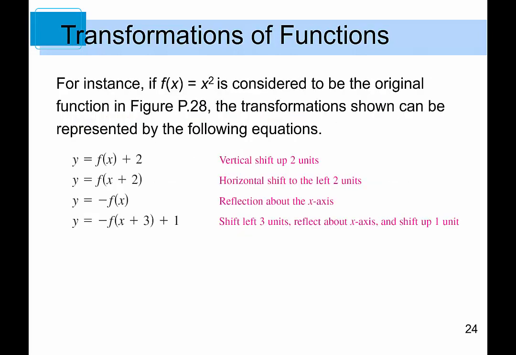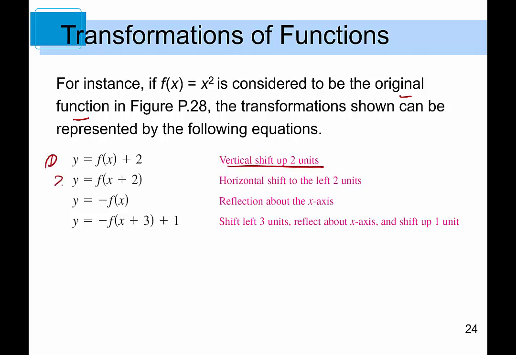For example, let's say f of x equals x squared is considered the original function. Then the transformation could be represented by the following equations. So y equals f of x plus 2 is a vertical shift up 2 units.